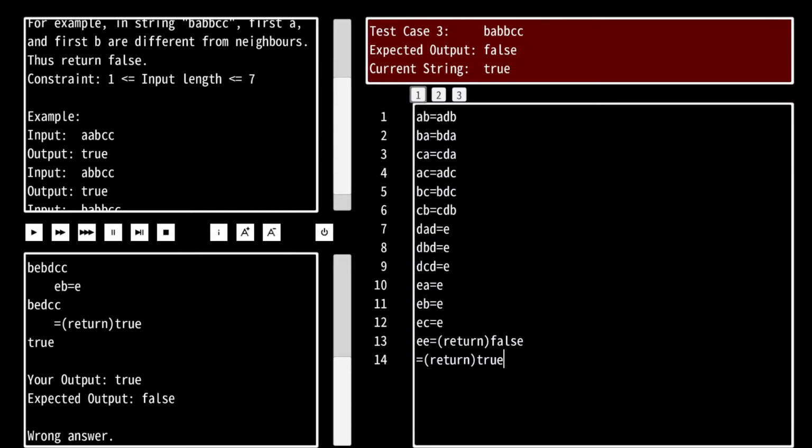Which is just so hard. Because basically, if two differences happen at the start, that's bad. But if two differences happen in the middle, that can be fine.